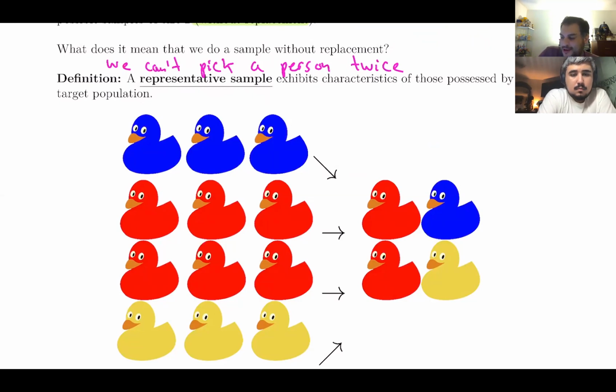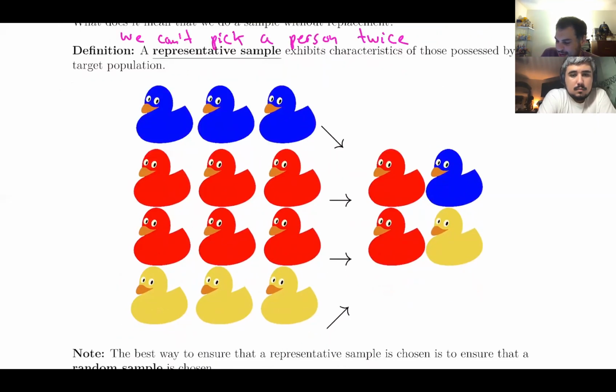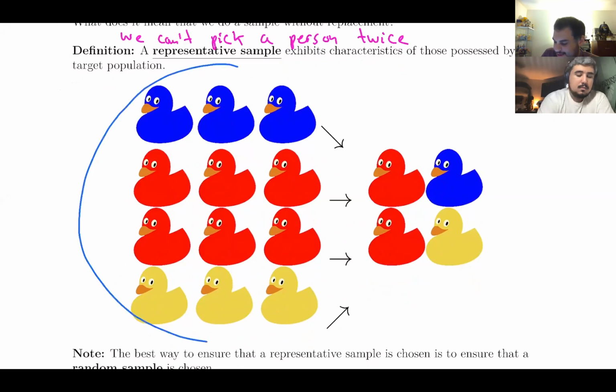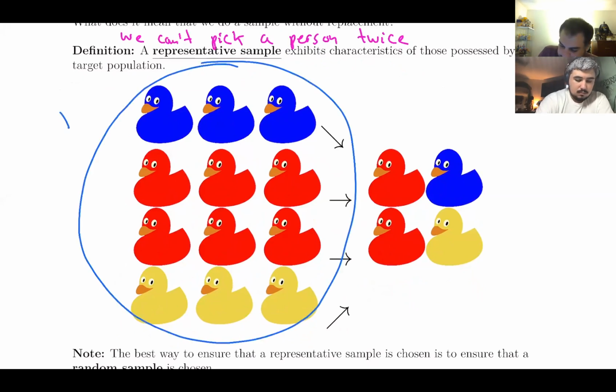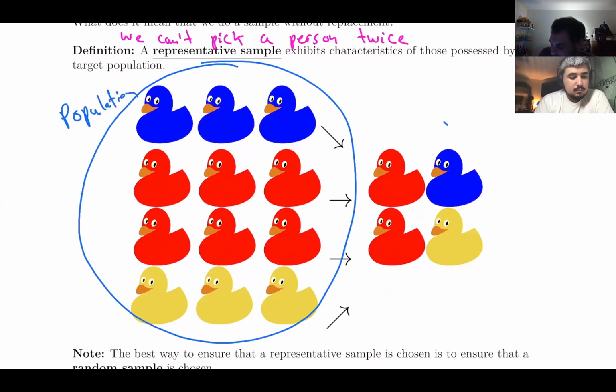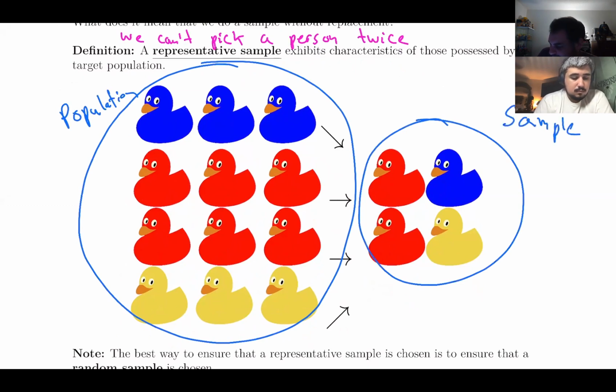So for this example, this is my population, and this is my sample. If you look at my sample, that's a sample size of 4. The population is 12. So if I look at my sample, does the sample represent the population?